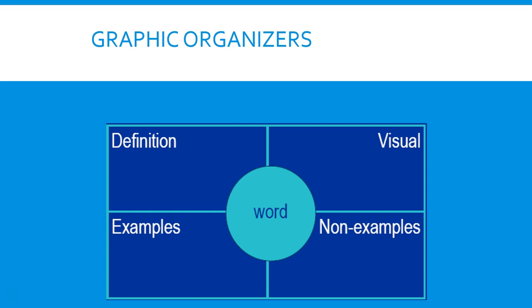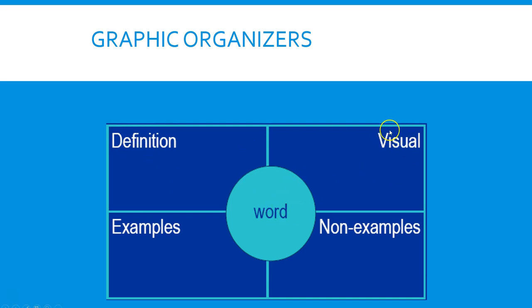Another graphic organizer is what's called a Frayer model, F-R-A-Y-E-R, and that's where you can have a visual like this, with the vocabulary word in the middle. You would have the students define the word, and they can do this in different ways. They can find it in the dictionary. They can try to define it on their own. They can look within the reading and try to use context clues to define it.